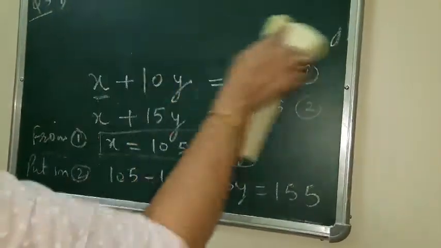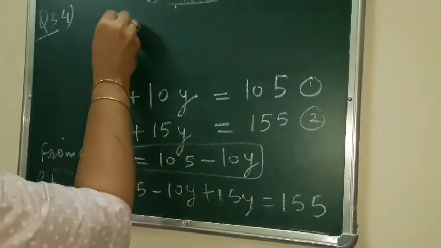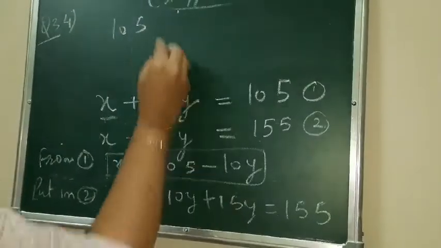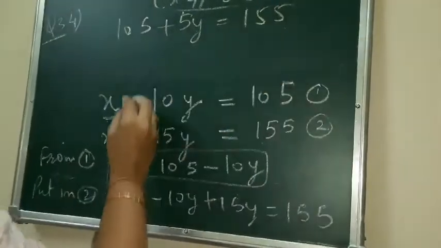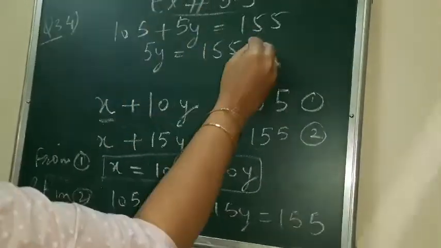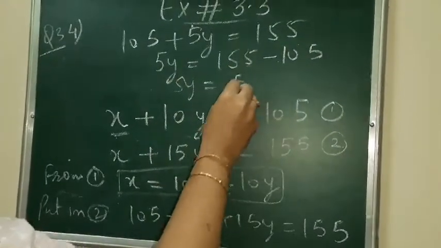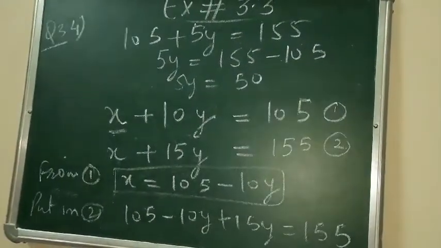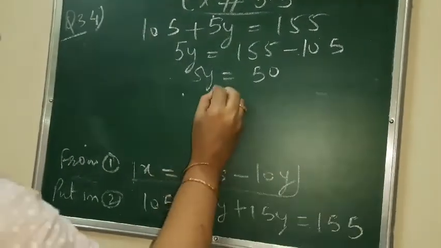I am solving this question for you. 105, now minus 10y plus 15y is plus 5y, equal to 155. So 5y is equal to 155, and 105 will go there with a negative sign. So 5y is equal to 50. y is equal to 10.